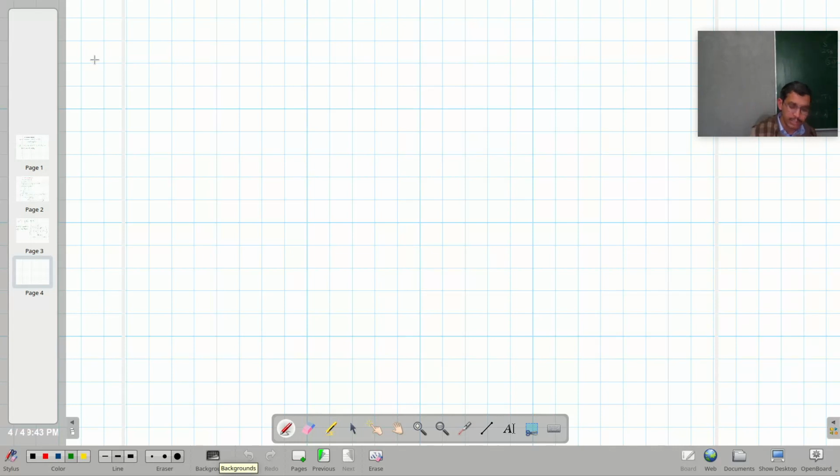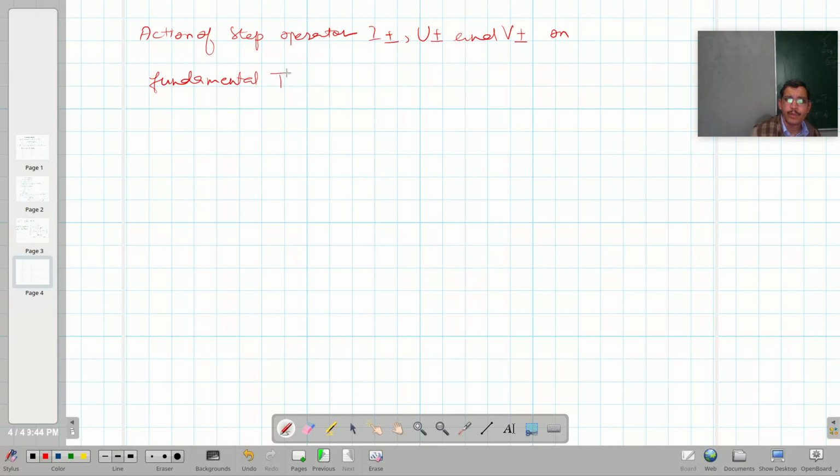Next I will talk about the action of step operators I plus minus, U plus minus and V plus minus on fundamental triplet. This is the second part about which I will talk about in this lecture.